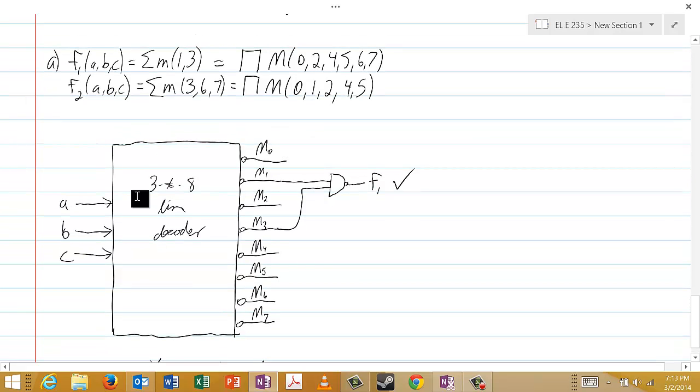And likewise, you can imagine then that what we want to do with this second function is to, instead of ANDing together the max terms 0, 1, 2, 4, and 5, NAND together the max terms capital M3, capital M6, and capital M7.